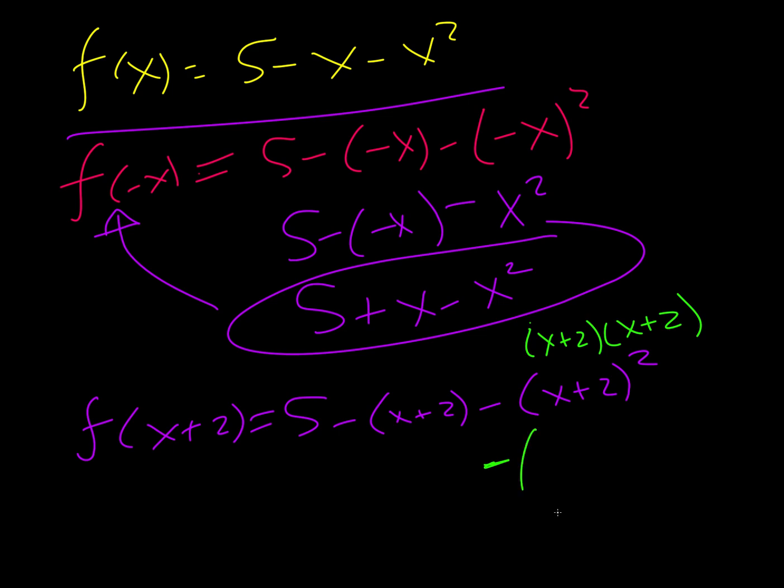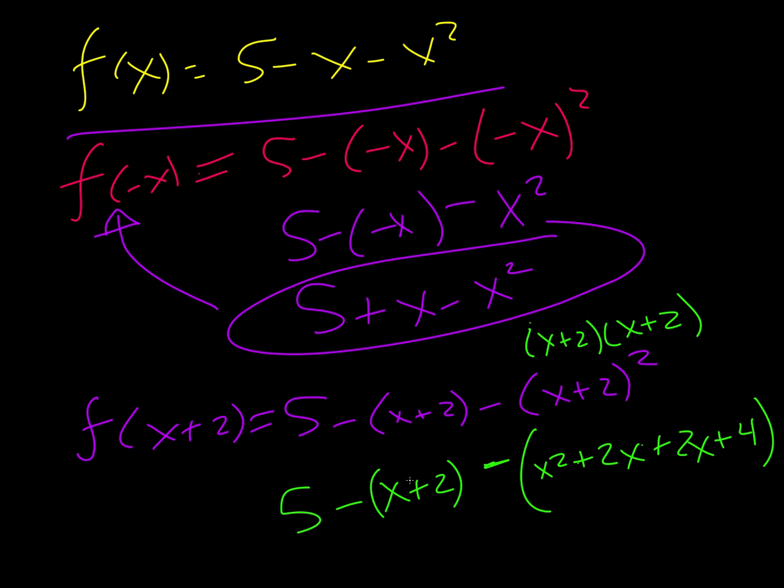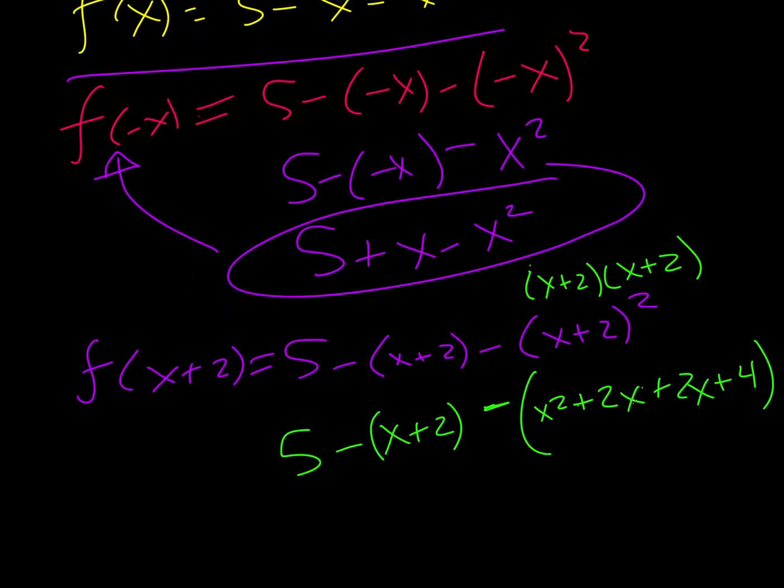So I still have this negative, but then I'm going to get x squared plus 2x plus 2x plus 4. All right, continue with that. So I'm going to just get x squared plus 4x plus 4. I just combine like terms.